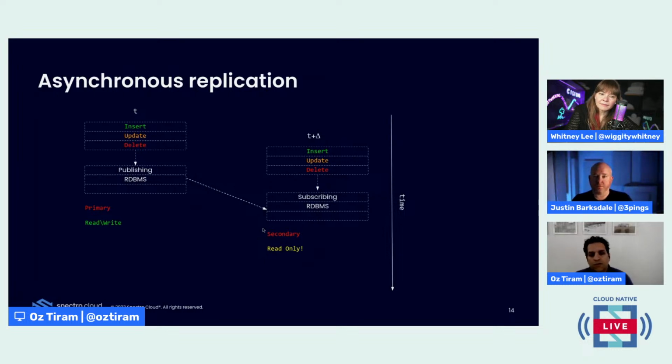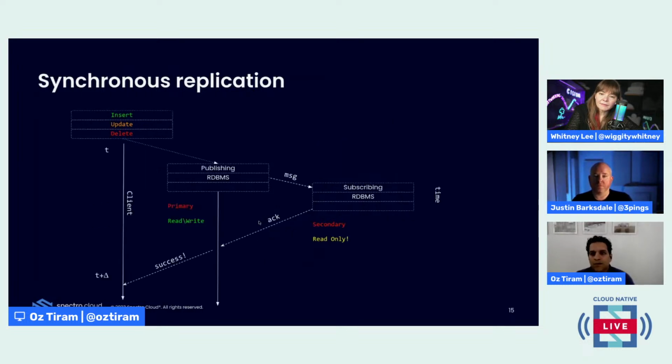So to mitigate that, there's synchronous replication, which is a little bit more complex. The client performs an action. The action is propagated to the secondary, which then sends an acknowledgement to the primary, and only then does the client get a message of success, that the insert, update, or delete arrived successfully on both nodes.